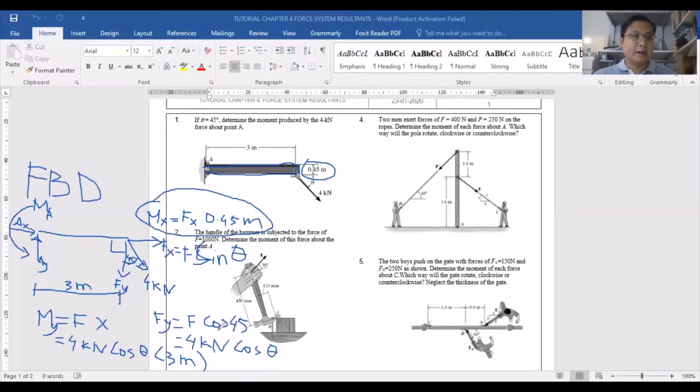And then the total should be summed based on the direction, clockwise or counterclockwise. If Fx is considered counterclockwise, so Mx is considered counterclockwise, right? CCW, and then Fy's moment is considered clockwise. So M total you can calculate.